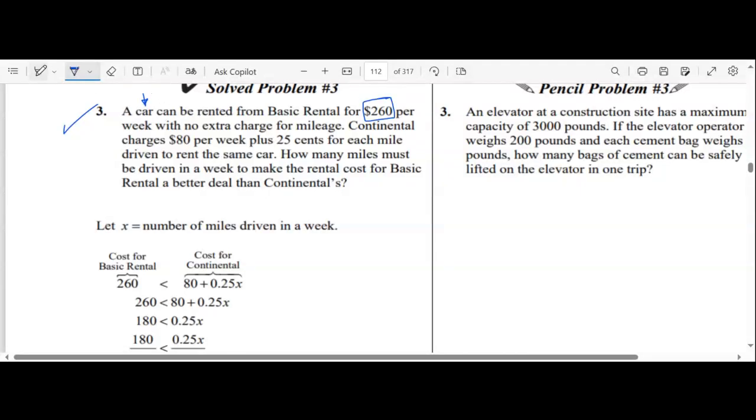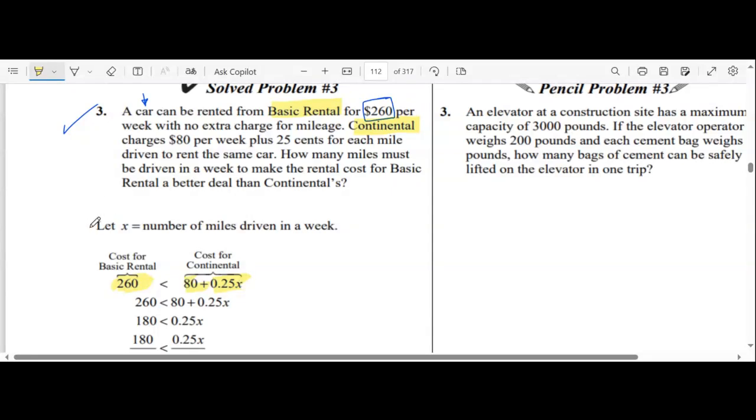Either you take the Basic, or you take the Continental. With Basic, you just pay 260 a week with no extra charge. Or you pay $80 per week plus every mile you drive, they will charge you 25 cents.